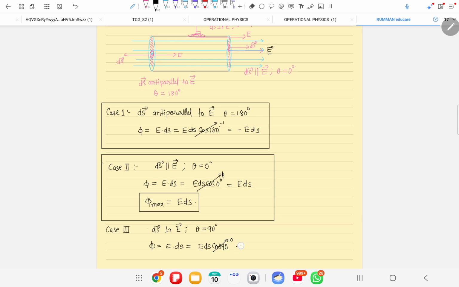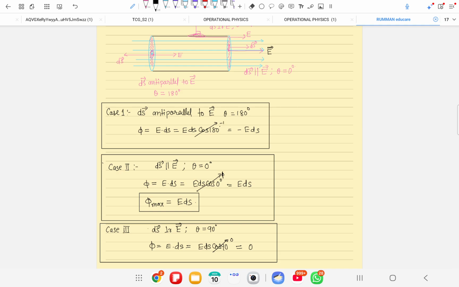Cos 90 is 0, so the value of flux will be completely 0. So in this case the flux will be minimum.